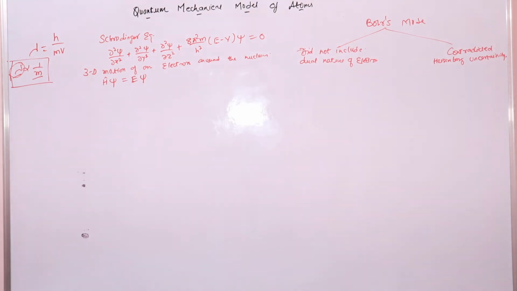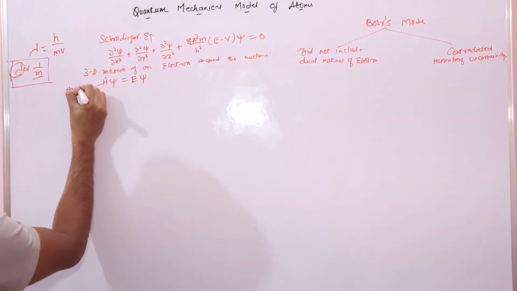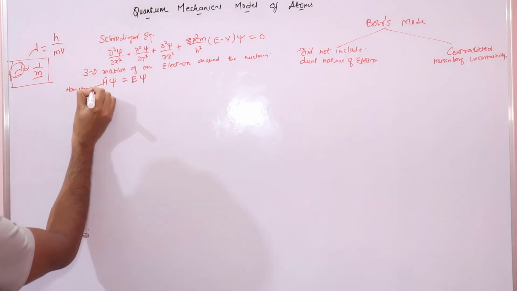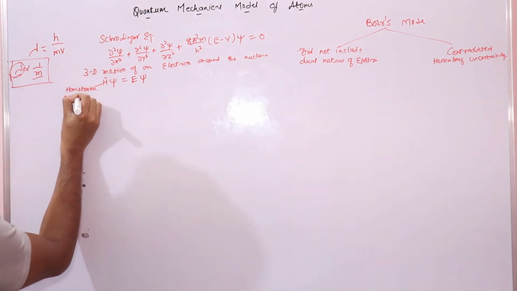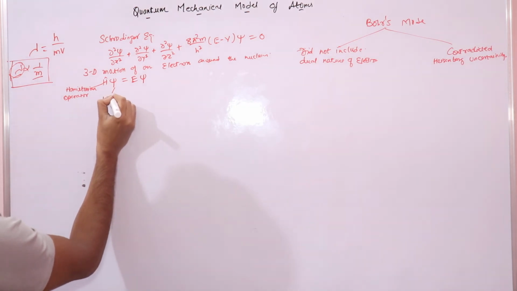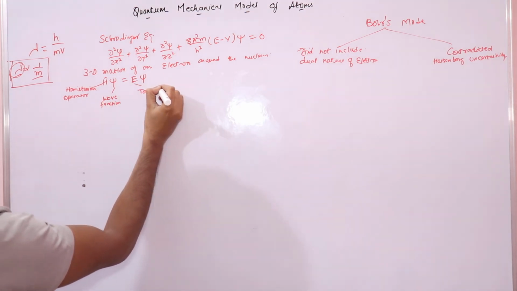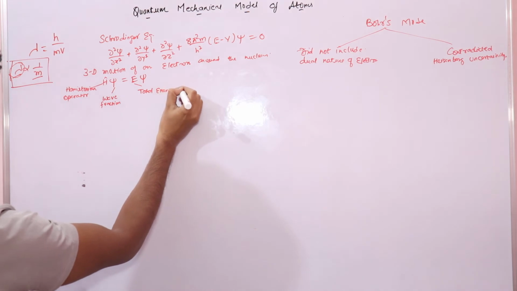Here H is your Hamiltonian operator, psi is your wave function, and E is the total energy of the system.